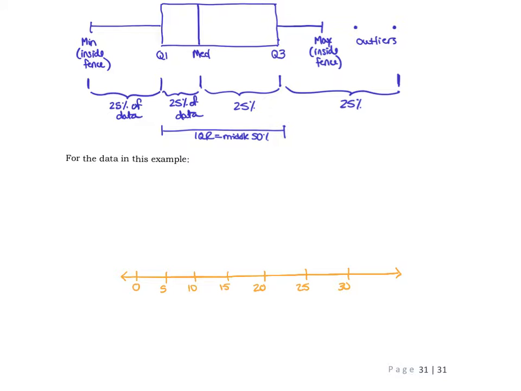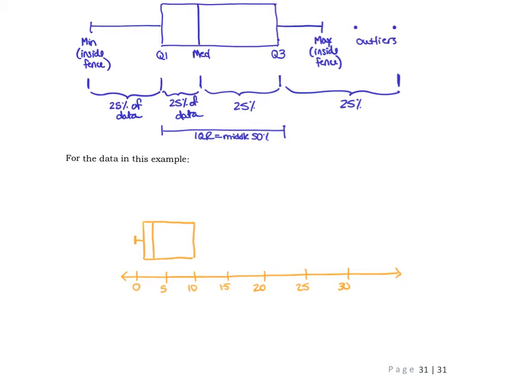Our minimum value inside the fence of negative 12.5 is 0. So here's the edge of our plot. Our first quartile is at 1 gram of sugar, so the edge of our rectangle is at 1 gram, like right there. The rectangle goes all the way over to Q3, which is 10 grams of sugar, so I'm going to go ahead and put that one in. And then our median was 3 grams of sugar, so that's about right there.